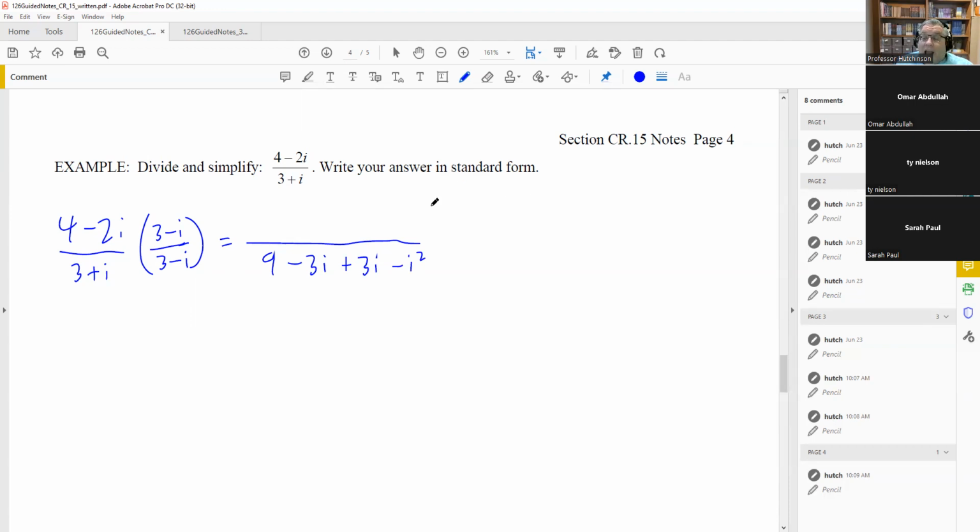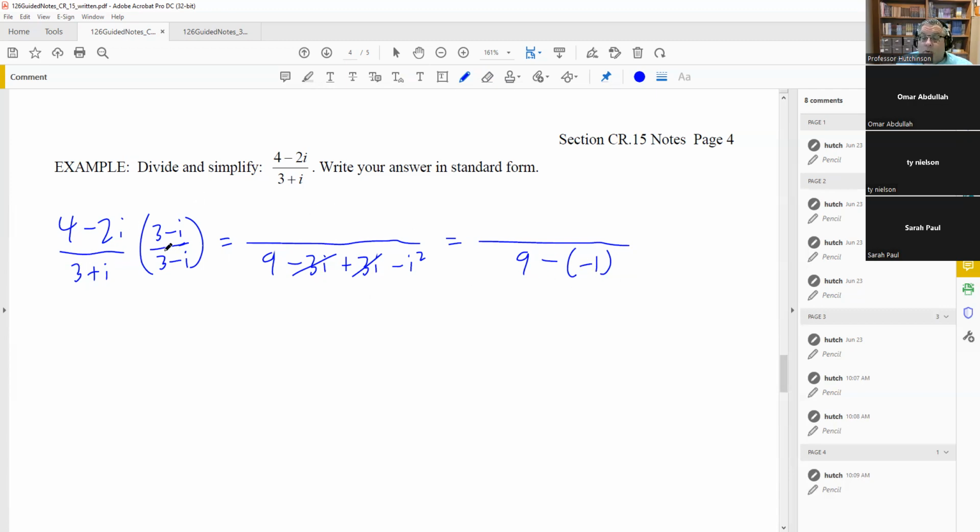So what you're going to see happen here, and I'll just go ahead and simplify this all the way out, then we'll do the top and you can see what happens there. But these two things, those cancel. And then instead of i squared, we're putting in -1. Okay, so we got that right there. And so now, as you see here, this is going to turn into a 10 on the bottom.